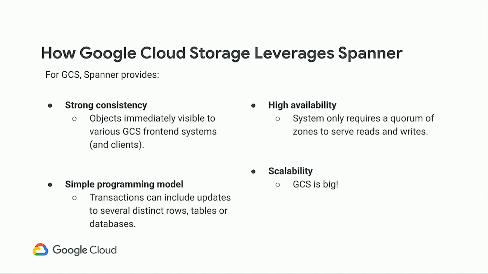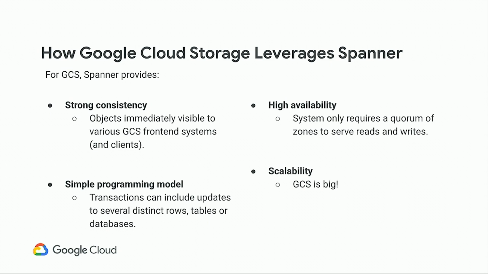Spanner has a really simple programming model. It supports single row transactions, and we do mostly single row transactions, but we also use multi-row transactions, multi-table transactions, and even multi-database transactions. And this allows our system to be much simpler in how it interacts with metadata.